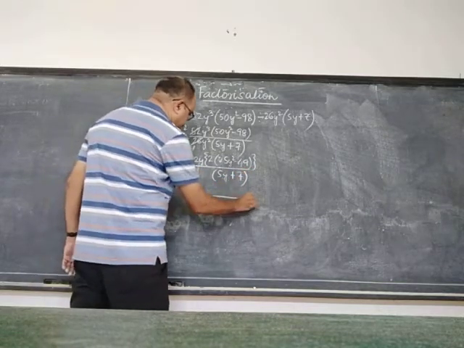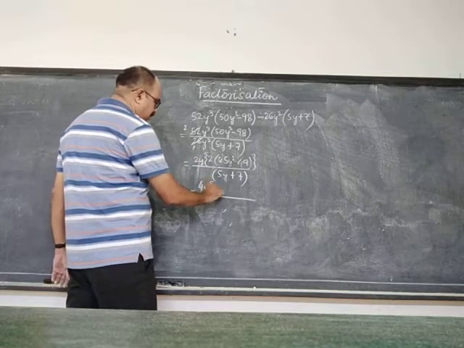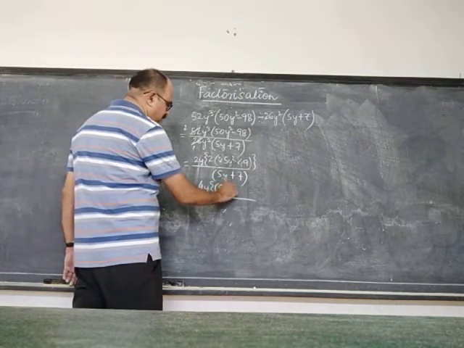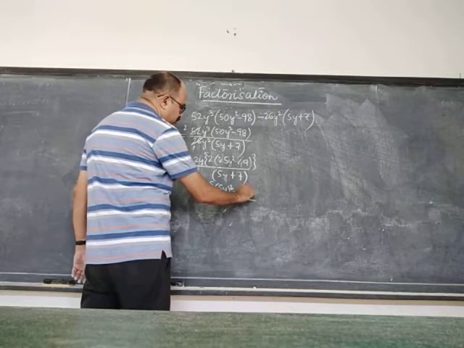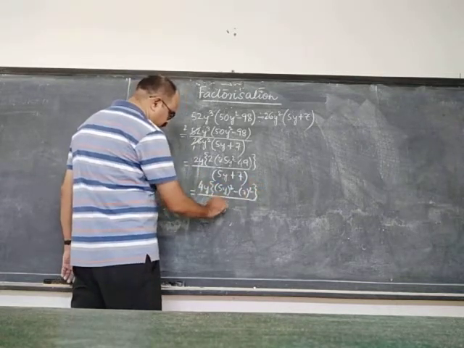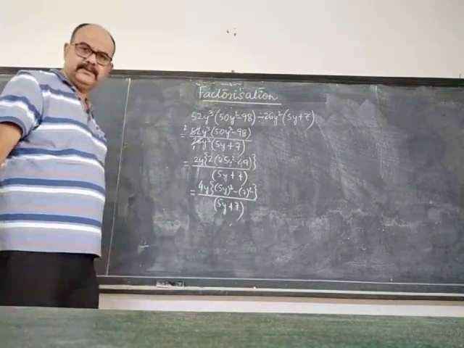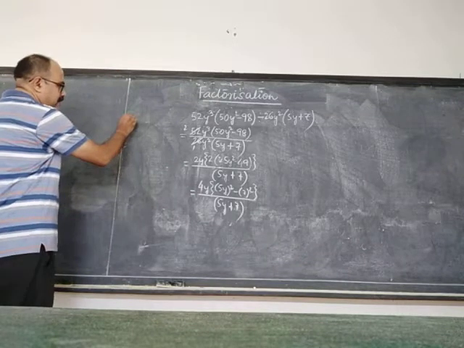Already I have reduced everything. Then you see, then 2 to the 4y it comes. Then here 5y whole square minus 7 whole square. Identity comes. Yes or no? So this will be 5y plus 7. Then what it comes here?